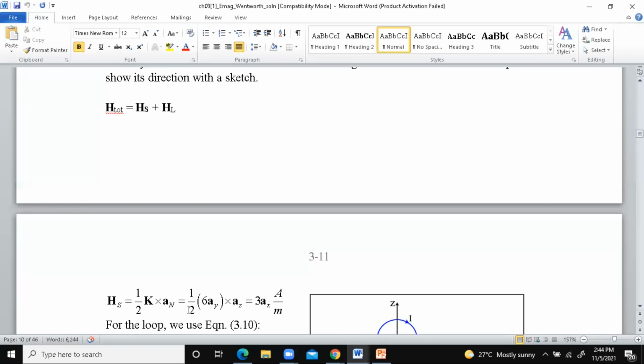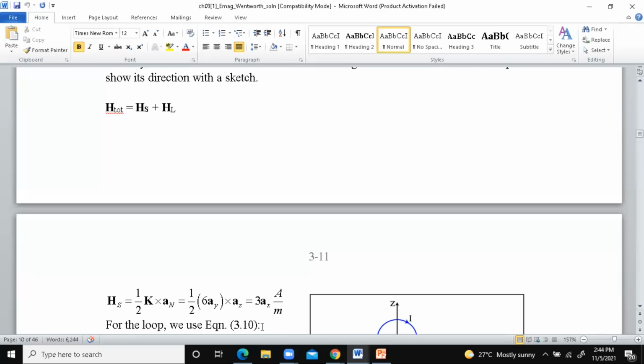Remember we went through that formula this morning for the sheet current. Yeah, that's what they put in, but I didn't know it was cross. Yes, cross. So K is in the AY, and your normal is in the AZ. So AY cross AN, your AX.